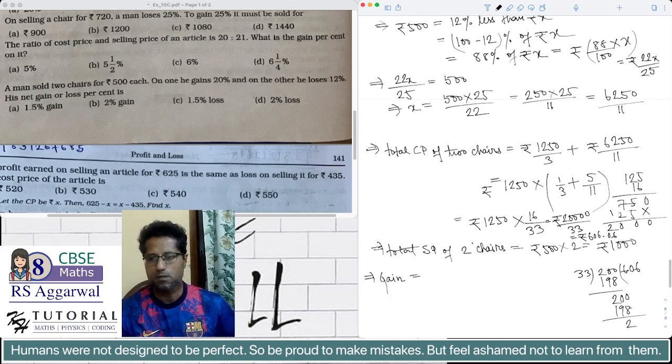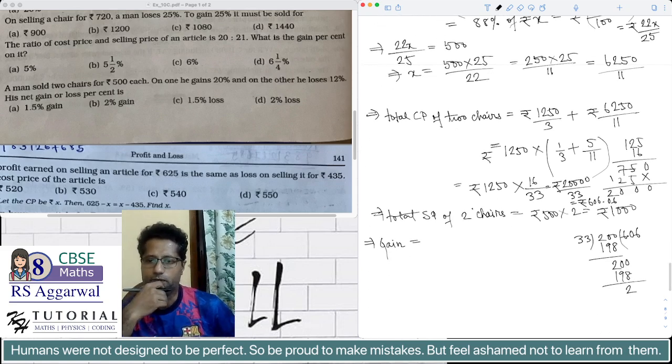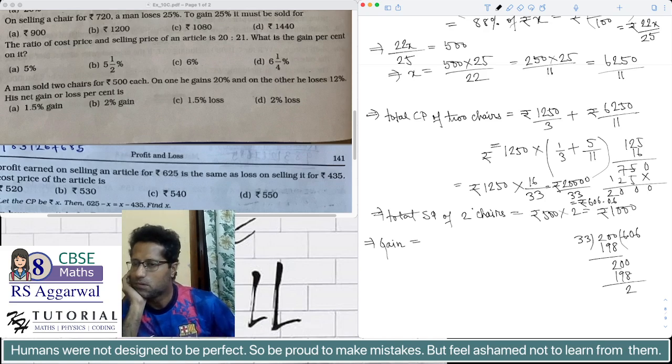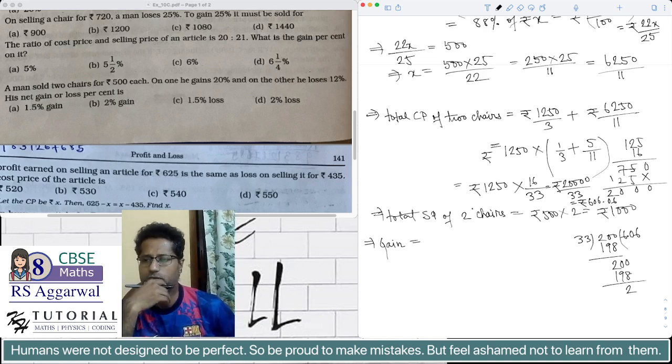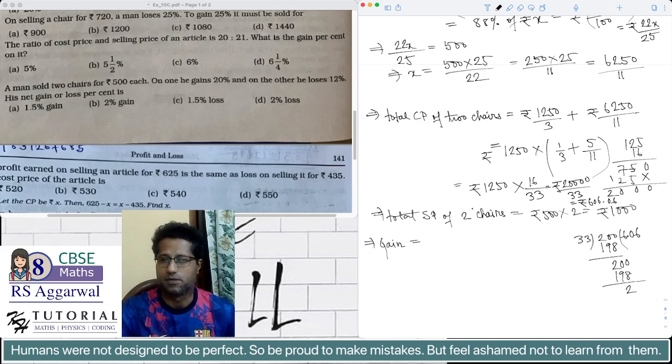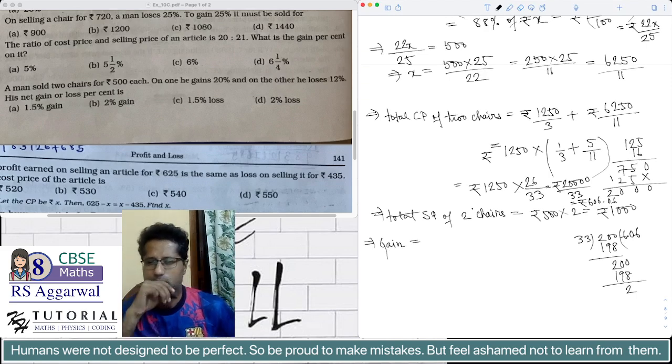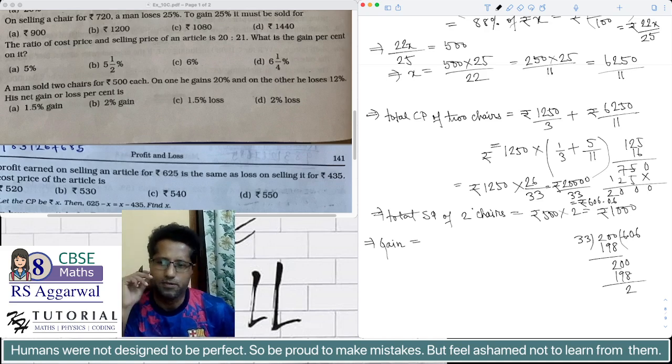For 1 by 3 plus 5 by 11, I think I have done a wrong calculation. It will be 11 plus 15, which is 26. So this will be 26.